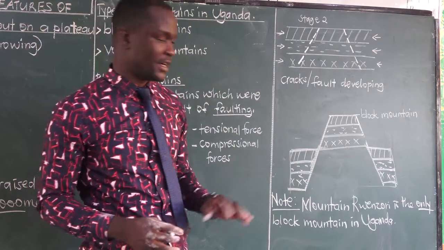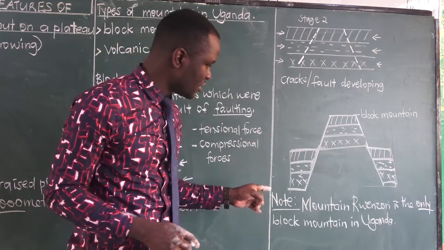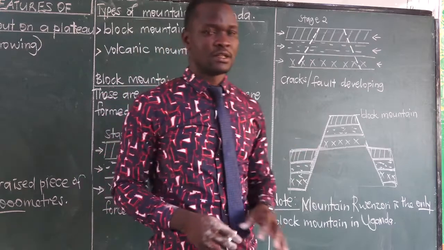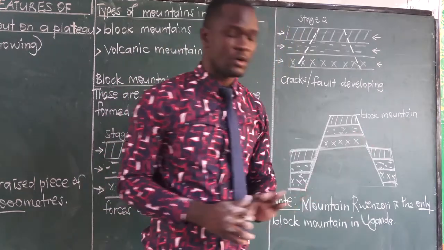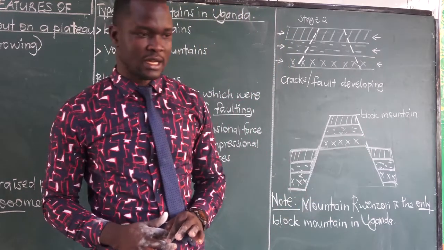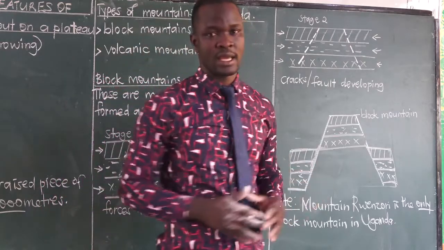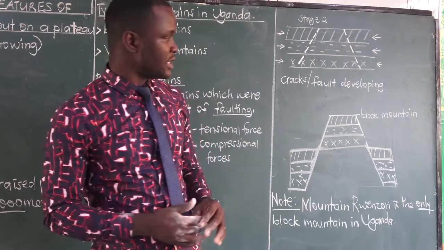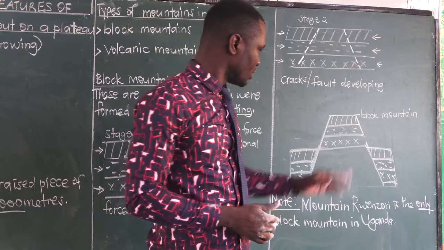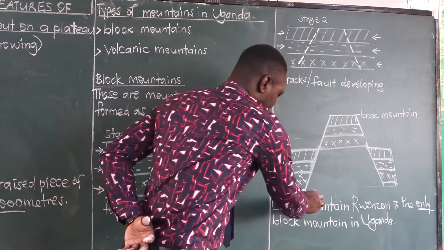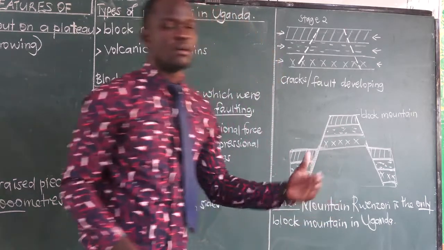And I'm so sure you have understood that Mountain Rwenzori was formed as a result of what? Faulting. Because it is a block mountain. And I'm glad that we have understood how faulting took place and the whole process of how it came to be a mountain. So that is about block mountains.